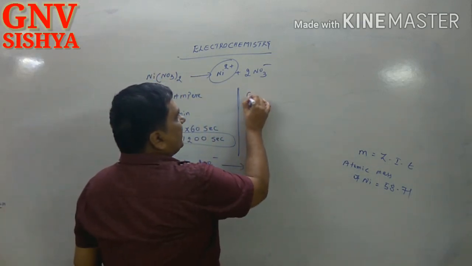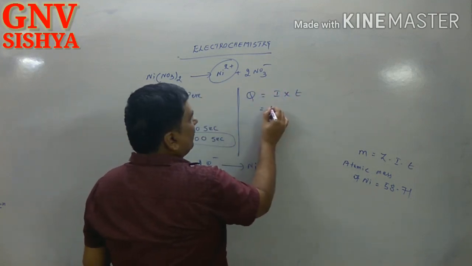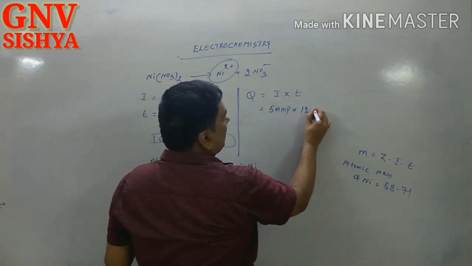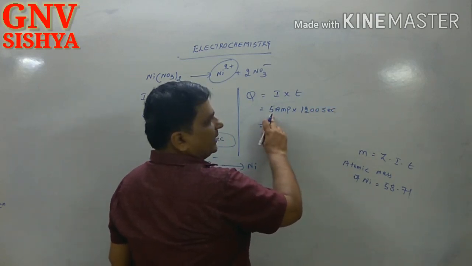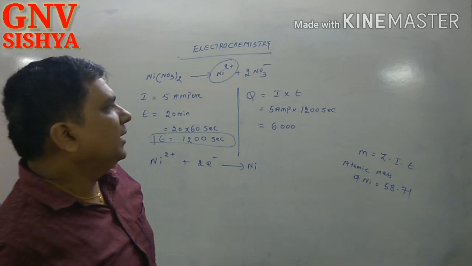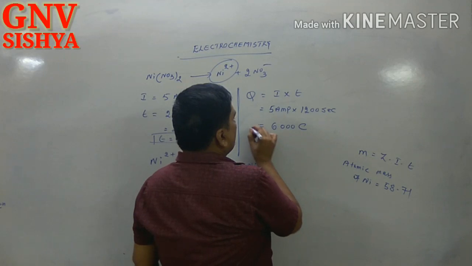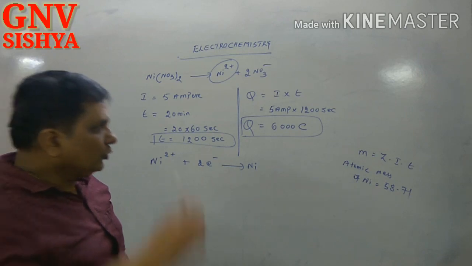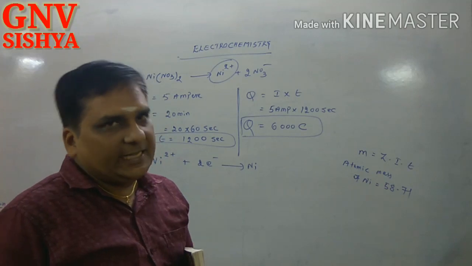Q is equal to I into t, which is 5 ampere into 1200 seconds. 12 into 5 is 60, so 6000. Ampere into second gives coulomb. So 6,000 coulombs of electricity is passed through this nickel nitrate solution.